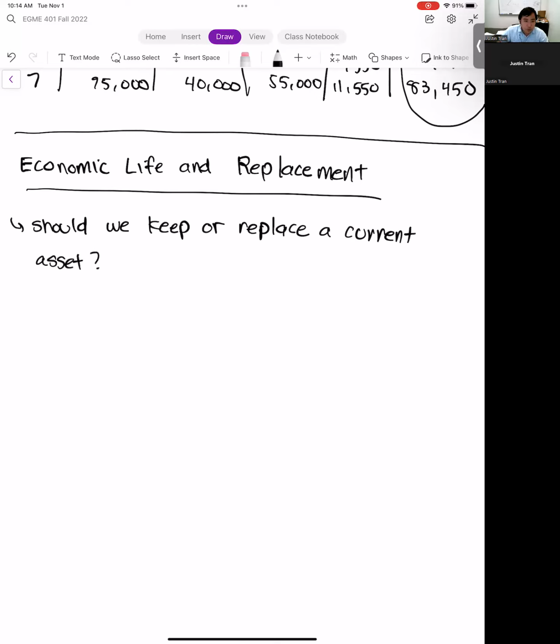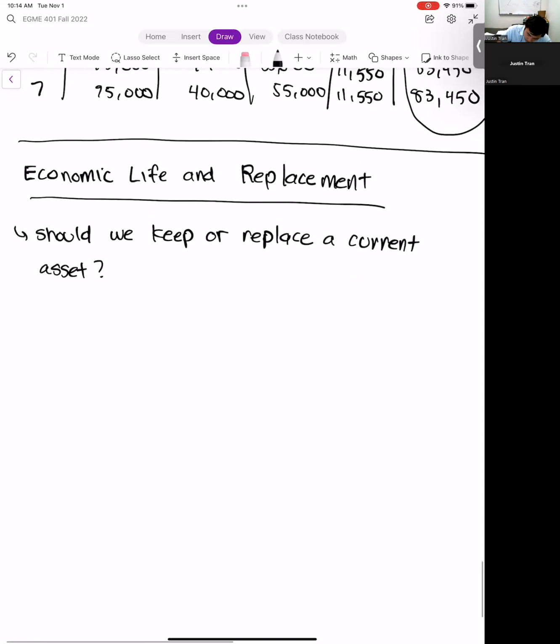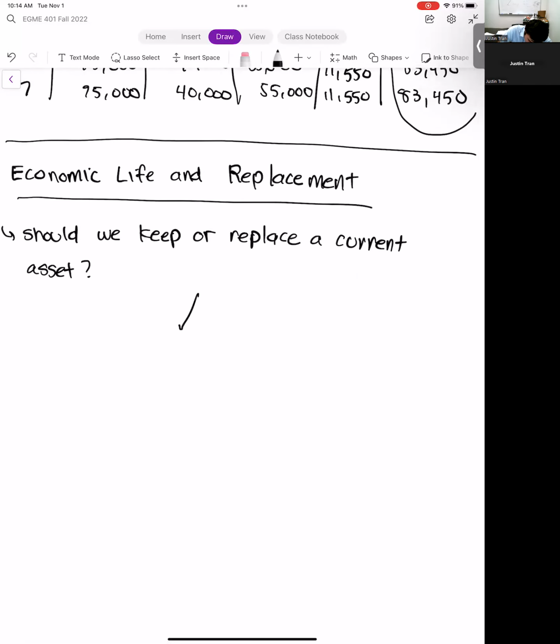To do this, we're going to compare two things. First, for the existing asset, we're going to compute what's called the marginal cost of ownership.